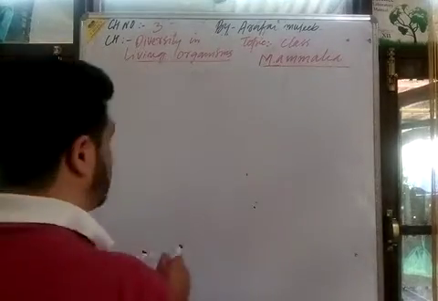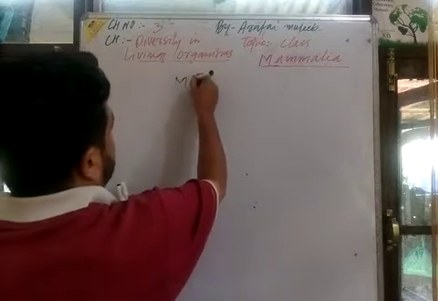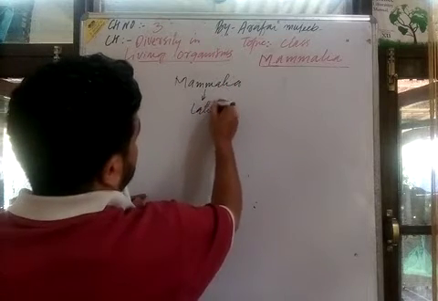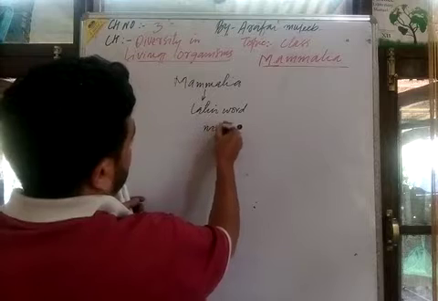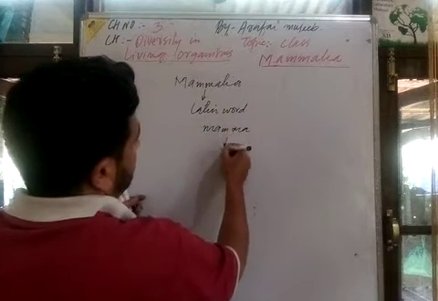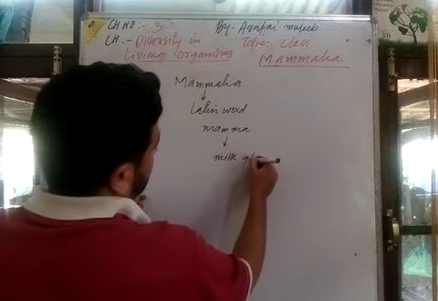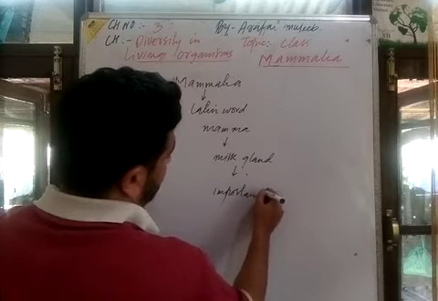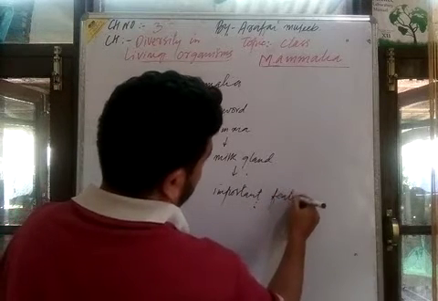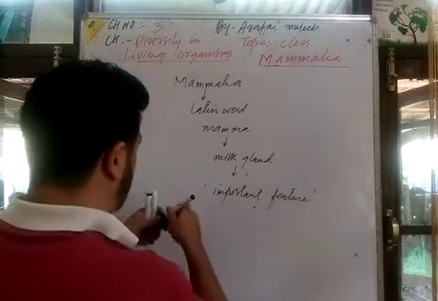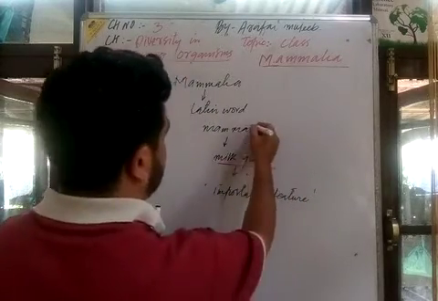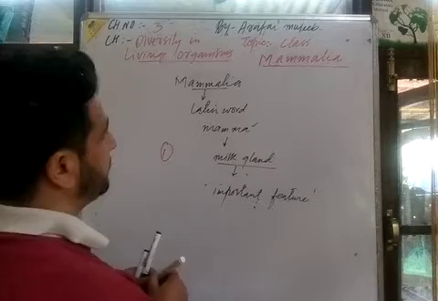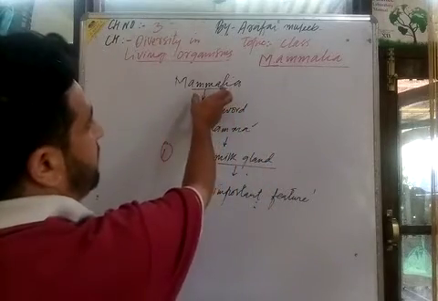Now we will talk about the class Mammalia. Mammalia is derived from the Latin word mammae. Mammae means milk glands. This is a very important feature in them: the presence of milk glands. Therefore this class has the name Mammalia.